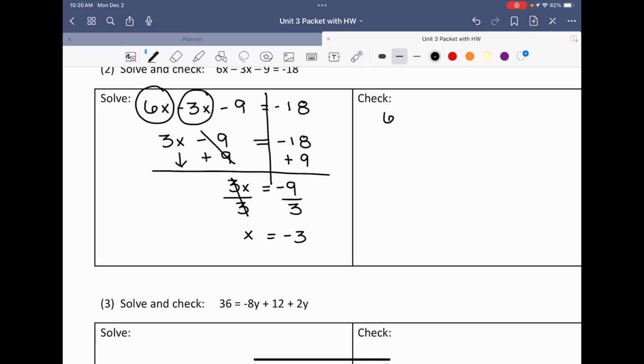We're going to go ahead and check, rewrite. Replace. And solve.